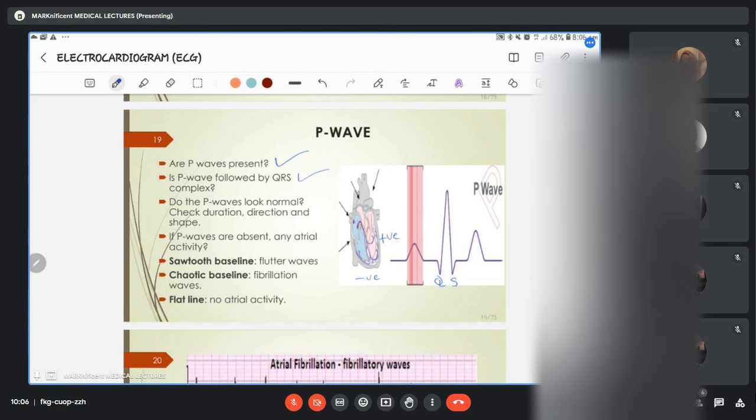If the problem is about the Q wave, maybe there's no Q wave at all, or it is shorter, then you should start thinking of the AV. You know, QRS itself is the ventricular depolarization. That's contraction of the ventricles. But the onset starts from Q. Once the wave reaches Q, it is trying to initiate that ventricular contraction.